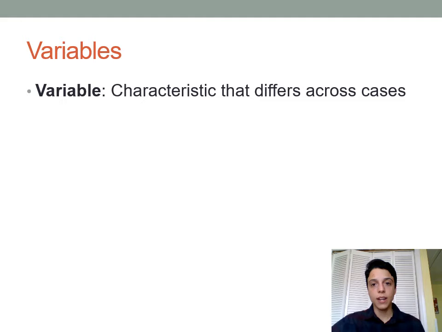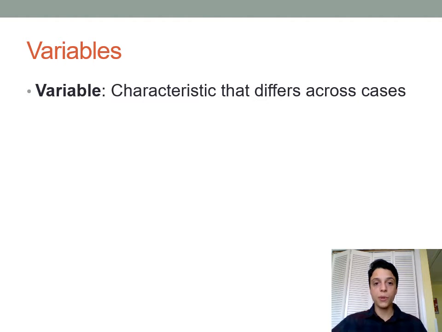And a variable is a characteristic that differs across cases. So again, each case is a different member of a sample, and then a variable is some characteristic that differs across those cases. So in the examples that we've had so far, whether or not force was used in an encounter could be a variable, because it would be something that would differ across different encounters in your sample.